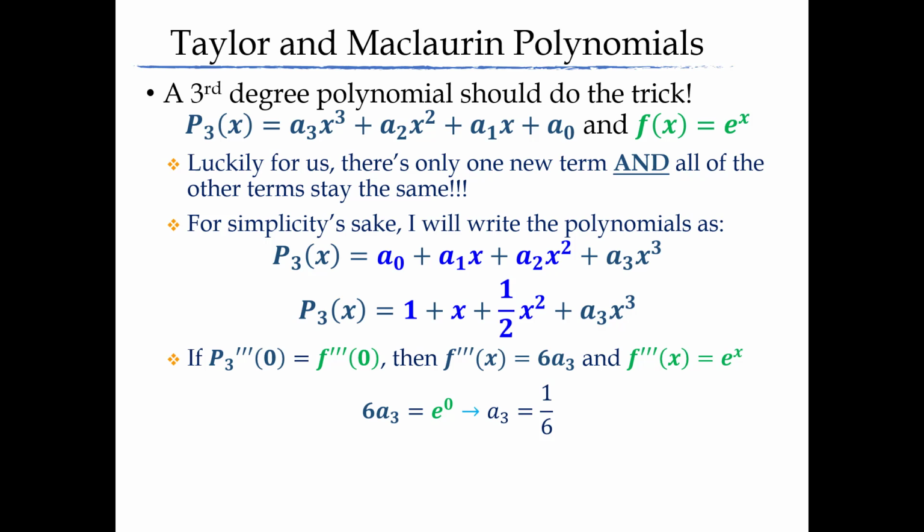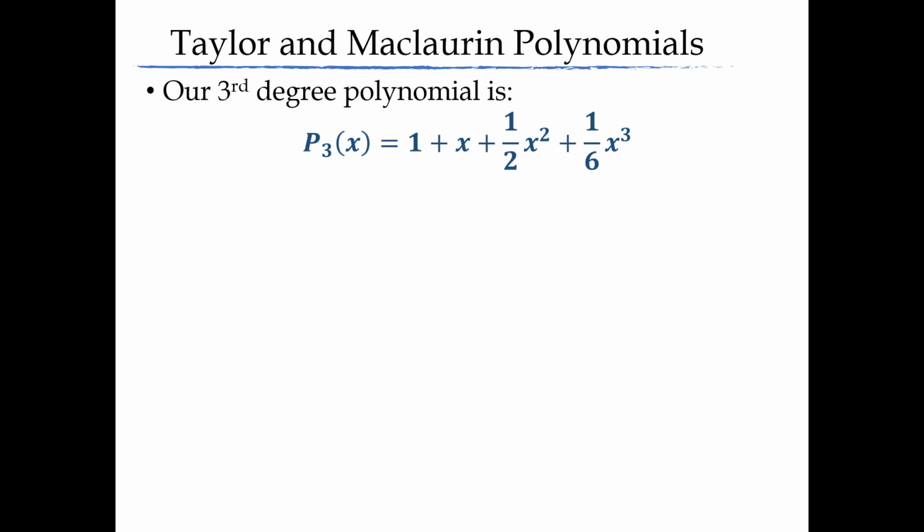So all we have to do now is substitute in 1/6 into a sub 3. So our third degree polynomial is 1 plus x plus 1/2 x squared plus 1/6 x cubed. If we substitute in 0.1, we'll get 1 plus 0.1 plus 1/2 0.1 squared plus 1/6 0.1 cubed.